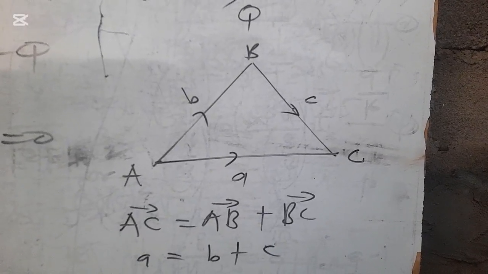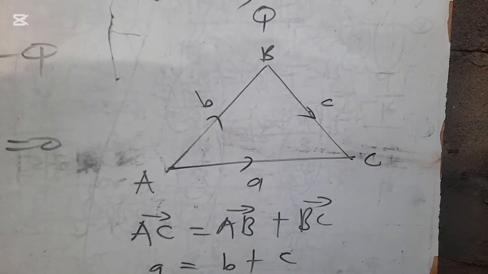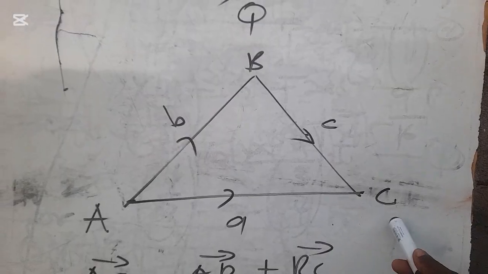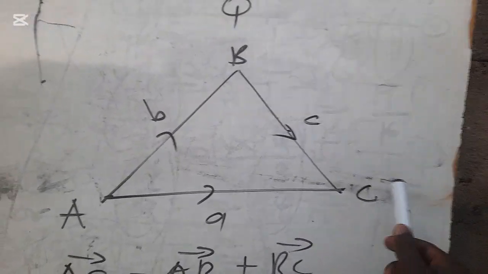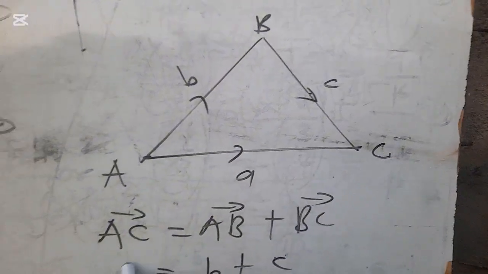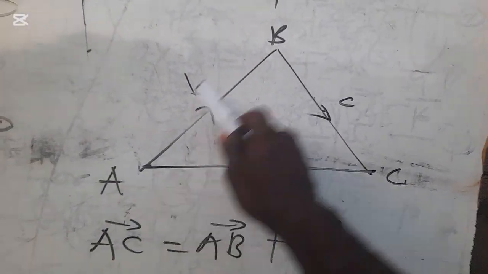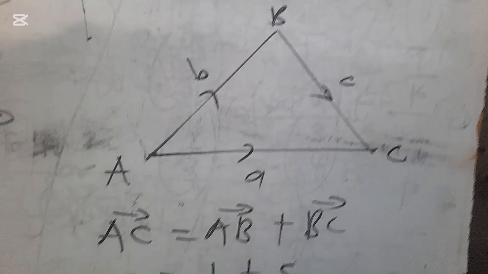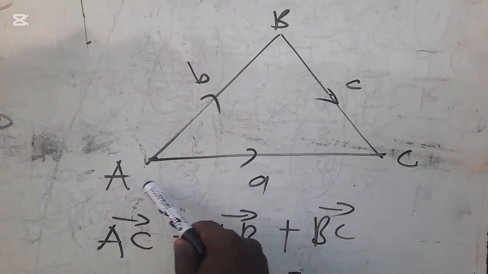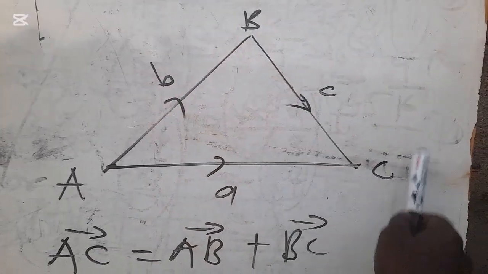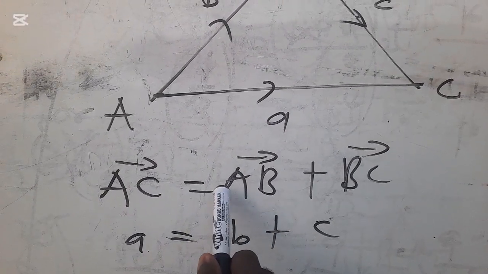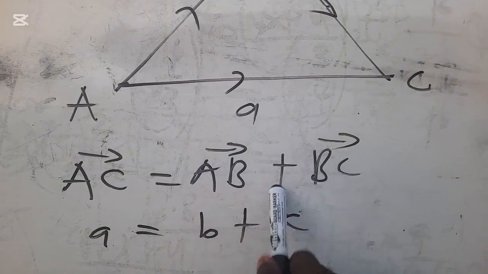So the law says that to find the resultant, you take A and the last letter, that is C. So vector AC, you see you are moving from A to C. Vector AC is equal to moving from A to B and moving from B to C. So if vector AC is A, AB is B and BC is C, then A is equal to AB plus BC.